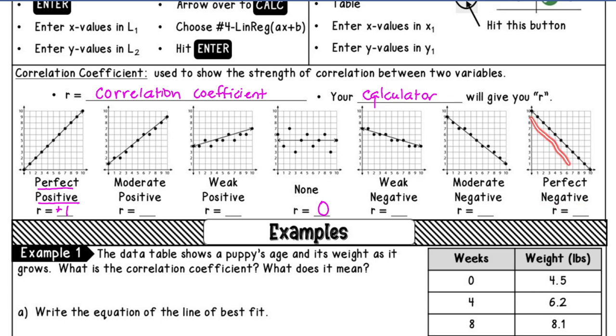All this means here is that the number is going down. As this number is going up, this number is going down, so we've got a negative slope. If it is a perfect negative relationship, it's going to have an R value of negative 1.